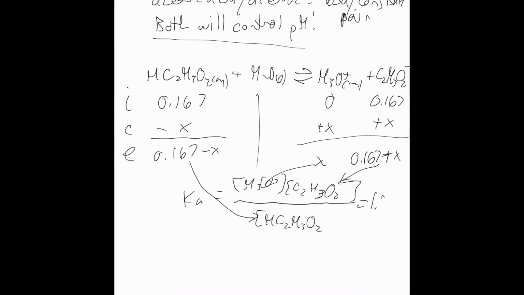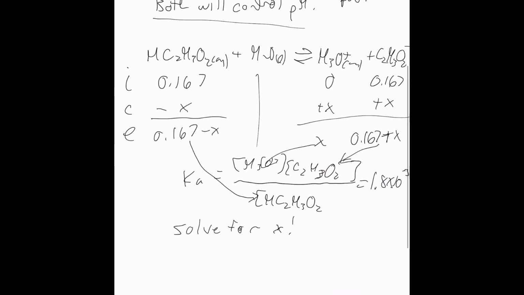Our Ka was 1.8 times 10 to the minus 5, and we would solve for x. And we'll finish this next time.